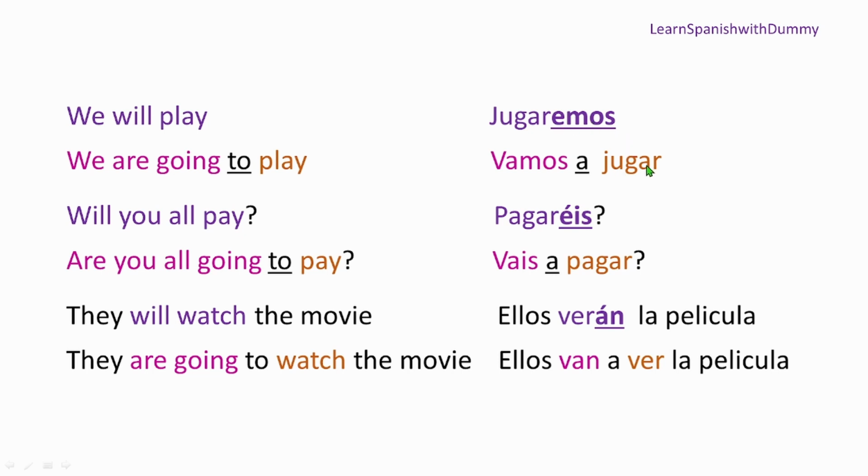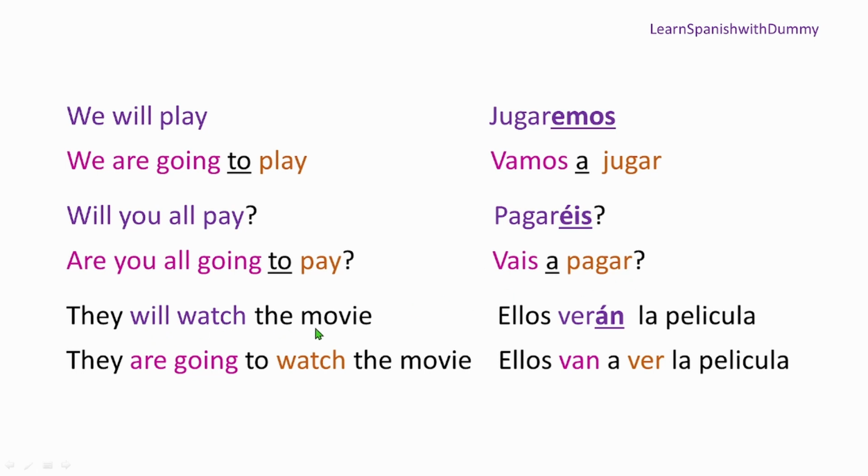But here we don't do that because the first verb is vamos and we don't conjugate the second. Will you all pay, like pay money? Pagaréis. And if you say, are you all going to pay? Vais a pagar. They are the vosotros forms. I didn't put it, but it's vais a pagar.